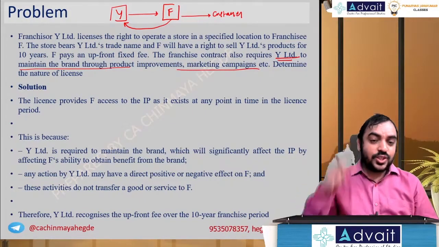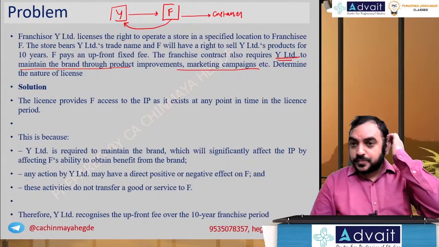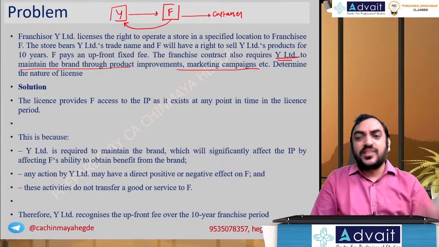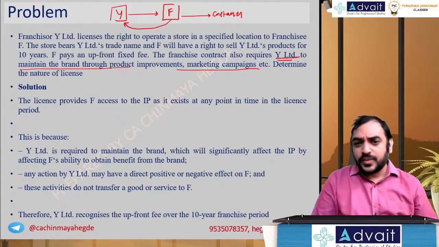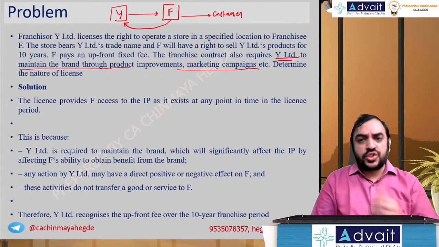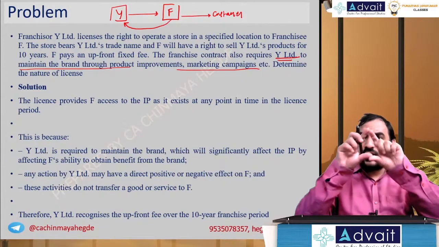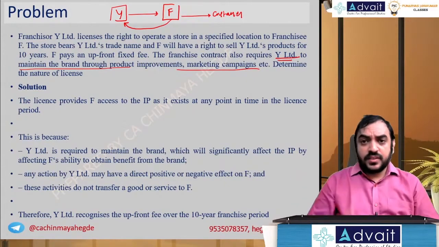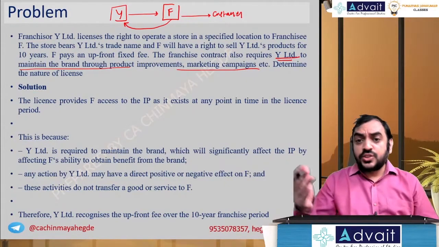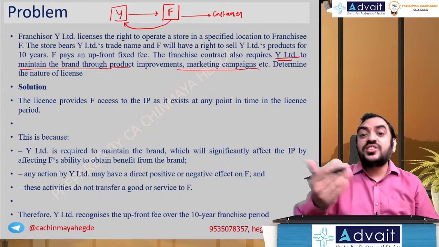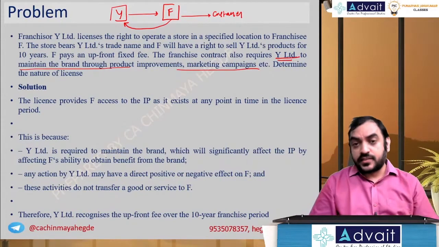Determine the nature of license. See, for example, if you have Raymond's or Van Heusen, you see so many clothes stores being opened in malls. Just because you see that brand over there, even Nike or whatever it is, it does not mean the company only has those outlets.